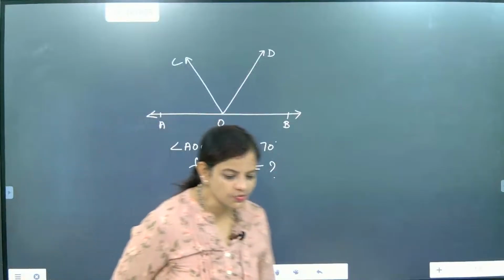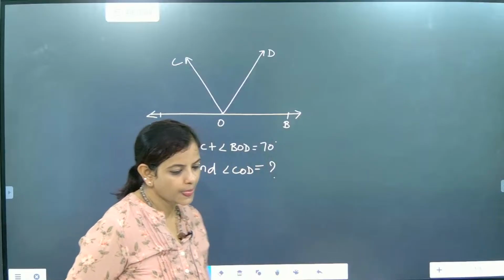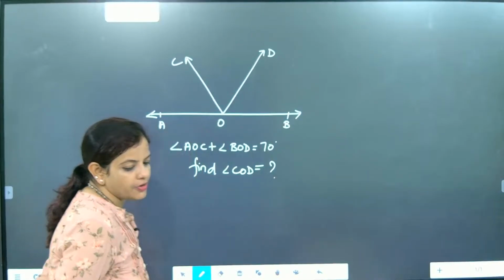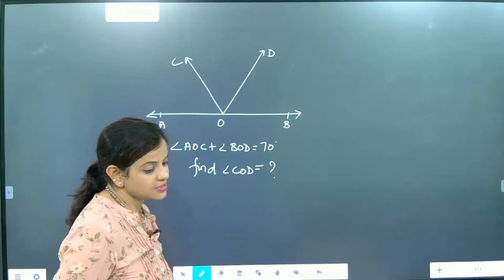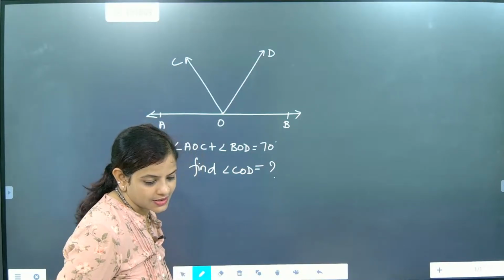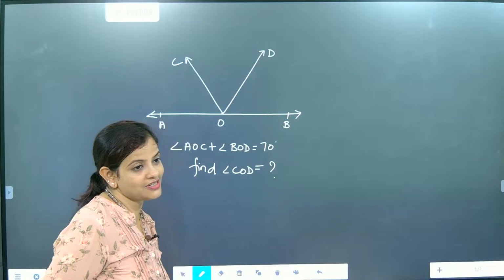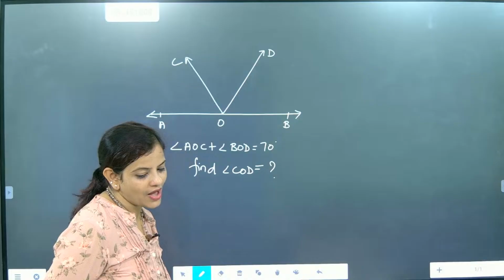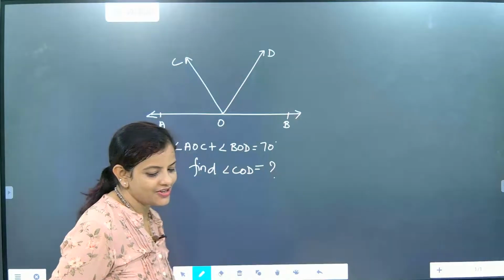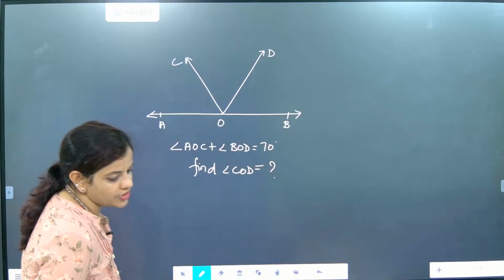What question could be easier than this? Hi, Ritu. Come on, you can do it, children. 40 degree, this much part 40 degree. Okay, Anvi and Amrish have given the answer at the same time. She has also given 110 degree and you have given 110 degree. Two children have given 110 degree. Let's see the competition. What about the others?